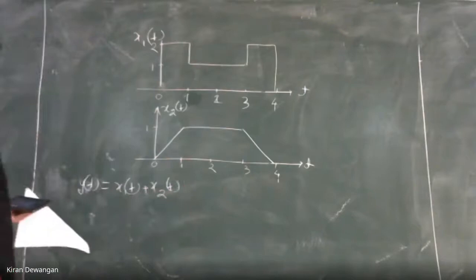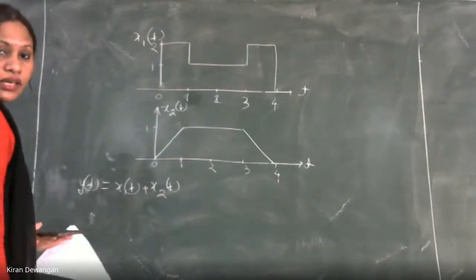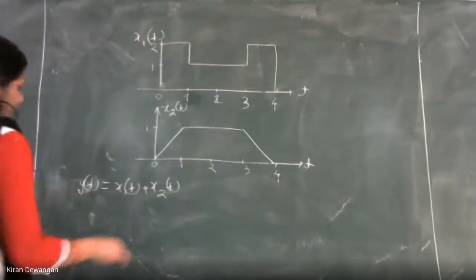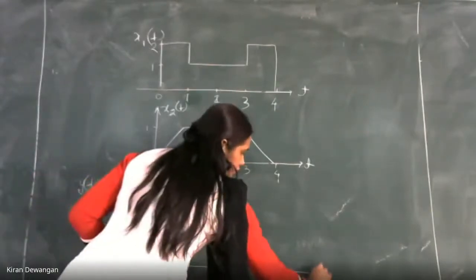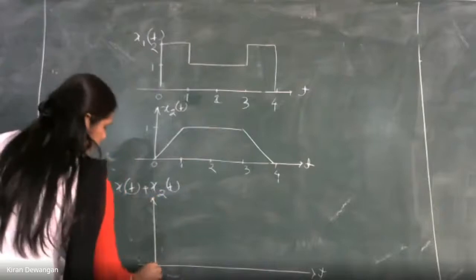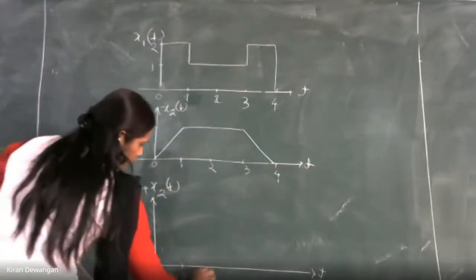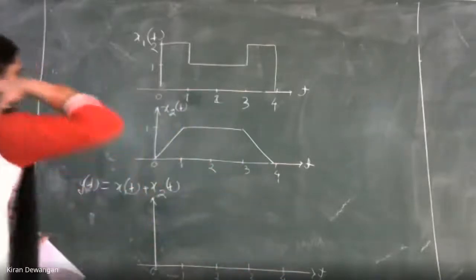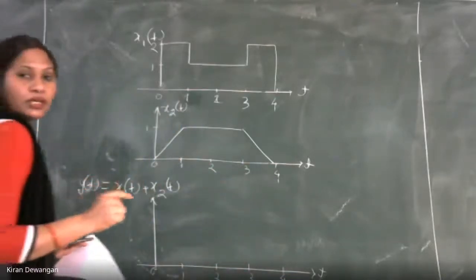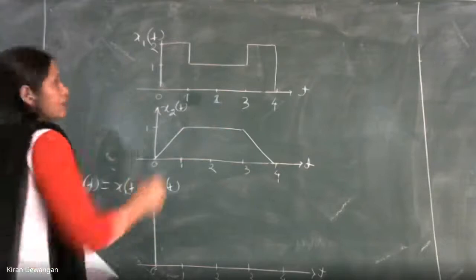Now whenever we are performing x1(t) plus x2(t), we need to just add the individual values. Now at this point, this is 0, 1, 2, 3, 4. Just be with me and try to understand.